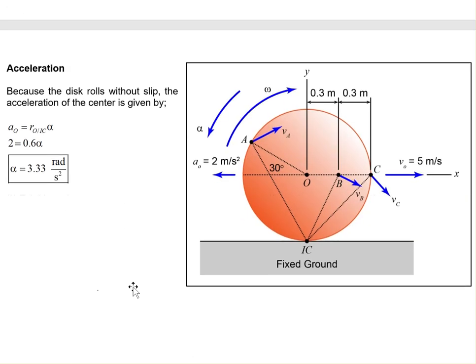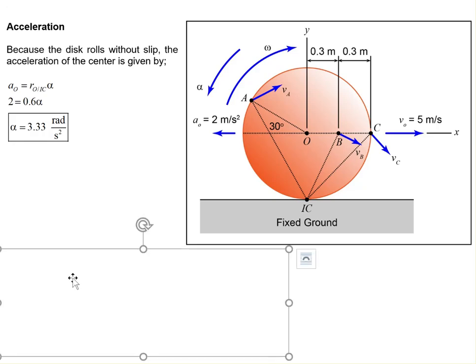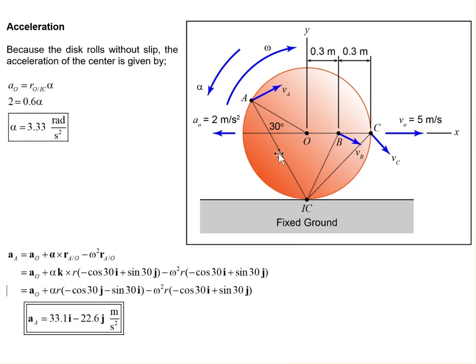All right, then we can go on to the acceleration. Similarly with the acceleration, if the disk is not slipping, then the acceleration is r alpha, so we can solve for alpha. Then we can go from O, a known point of acceleration, to A, which is an unknown point. So we apply the relative acceleration equation.